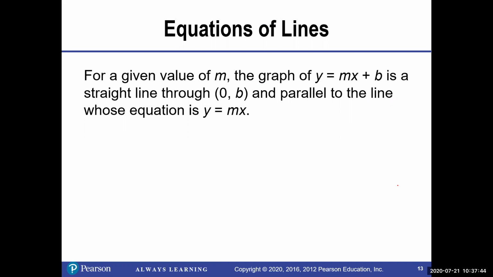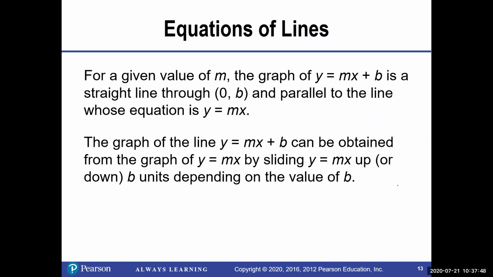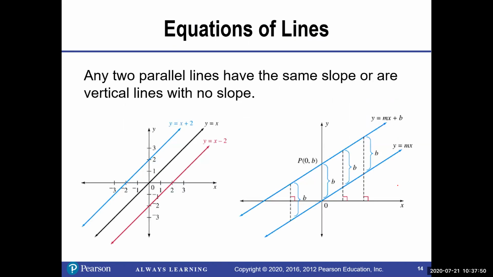Nice. Now, for a given value of m, the graph is a straight line through x is 0, and you have your b, and a parallel to the line whose equation is equal to that. So really, here we have 2 equations. Now, this means an increment of 2, and this decreases by 2 because of this value. And this is the equation that passes through the origin, y is equal to x.